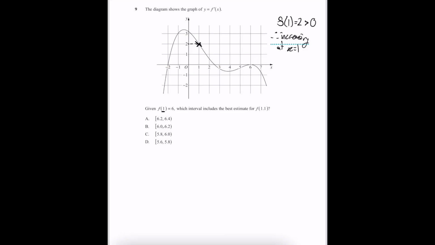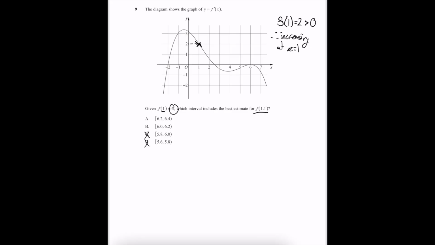So because the graph is increasing, that means the value of f of 1.1 is going to be larger than the 6. That immediately rules out C and D because those intervals are less than 6.